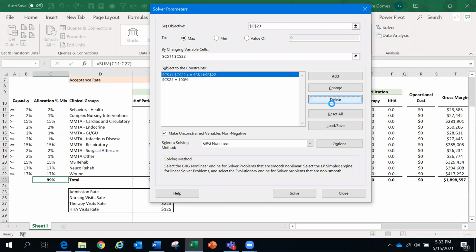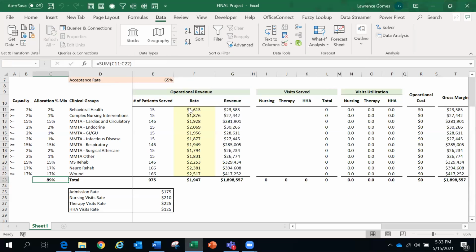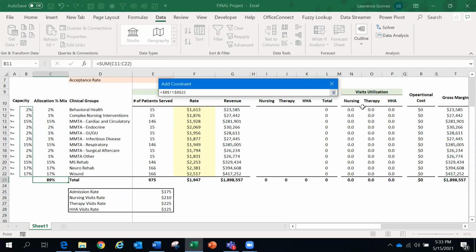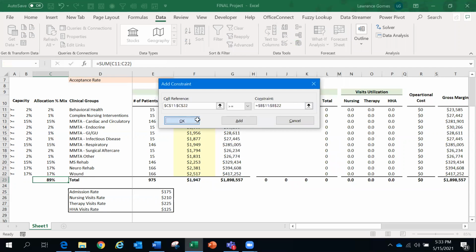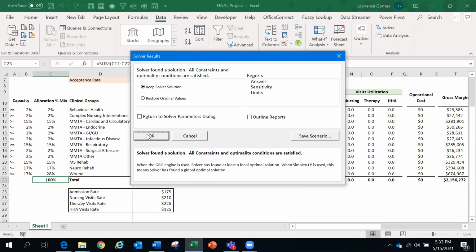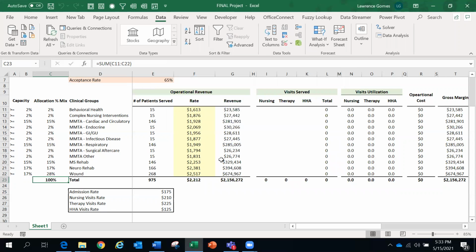Let me run the constraint one more time. So the total operating revenue is 2,156,000 from those 975 patients.